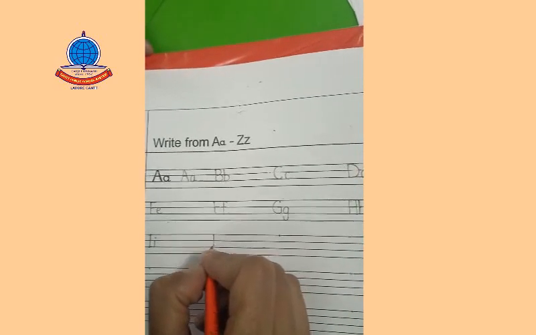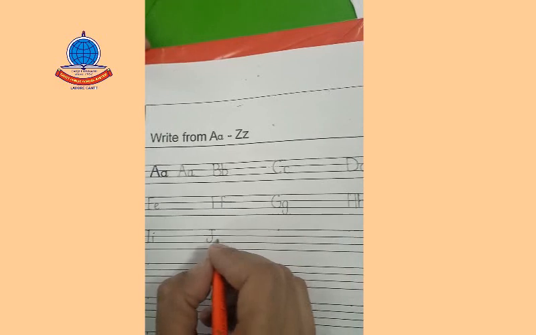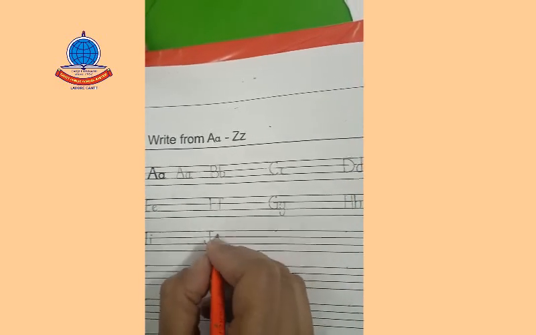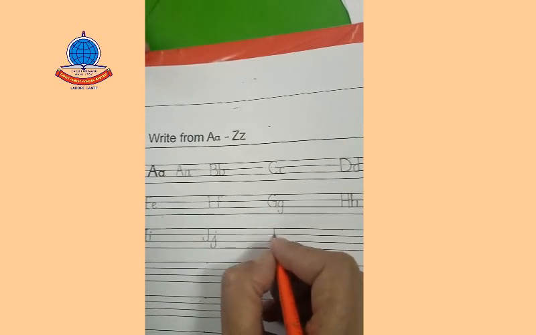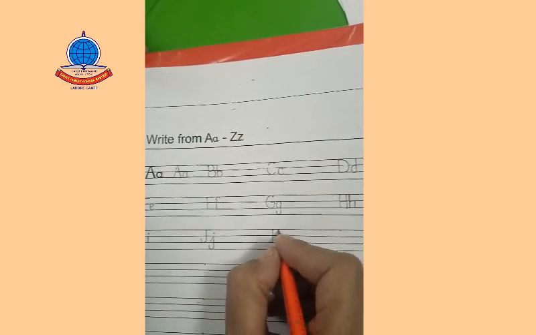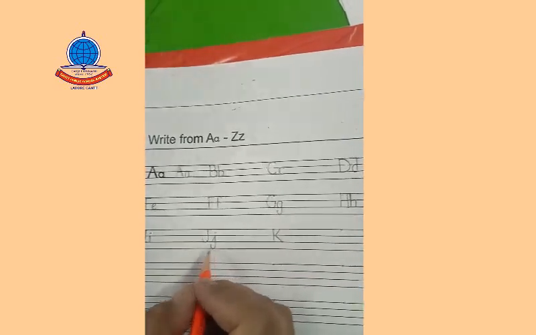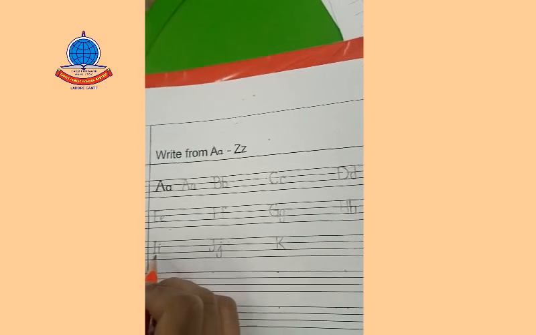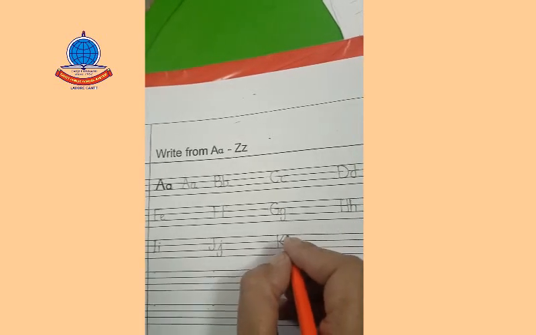J, yes, small j. K. J, the sound should be like this. I, E, J, K.